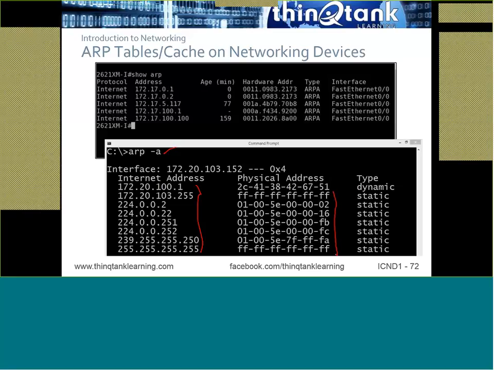This information is cached, which means it's stored temporarily. The amount of time it's stored depends on the device, but we don't ARP every single time we have to send a frame. If I have an entry in my table, I just simply use that cache to build my frame. I don't try and discover. All right?